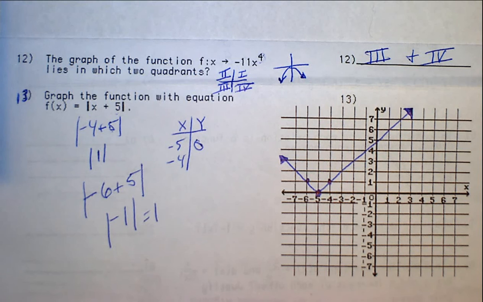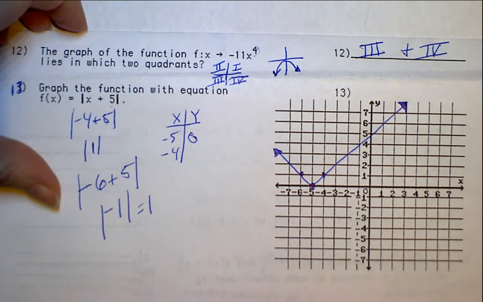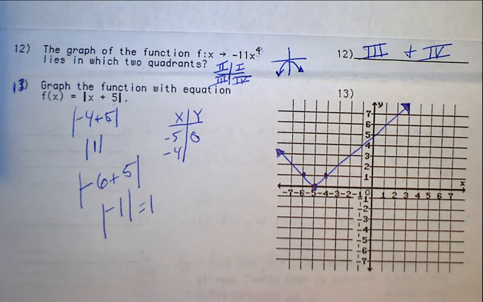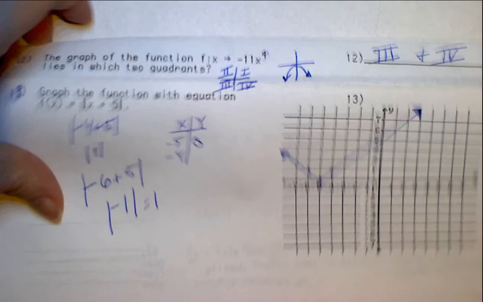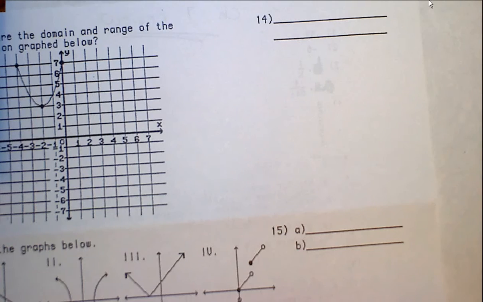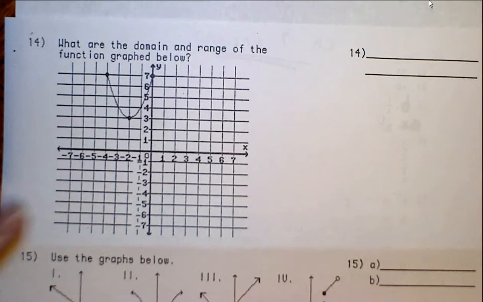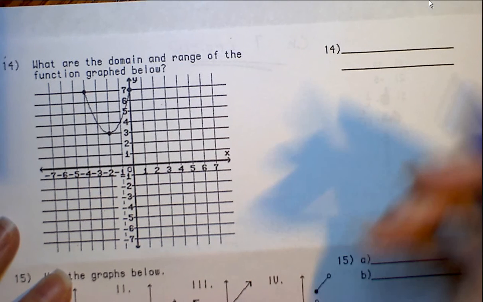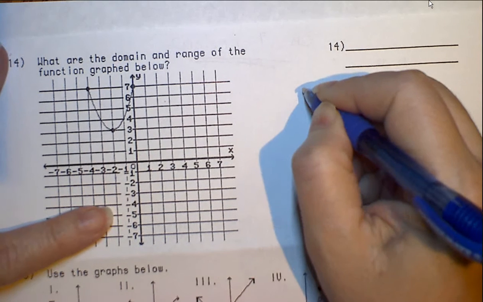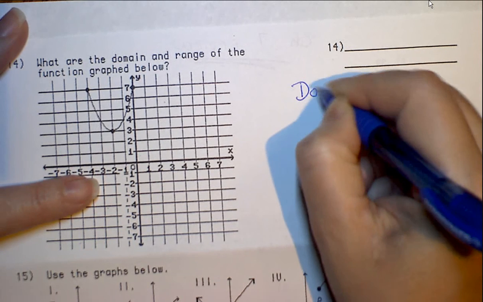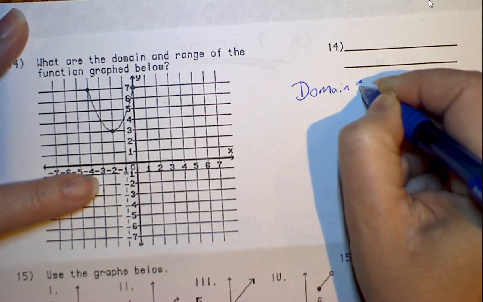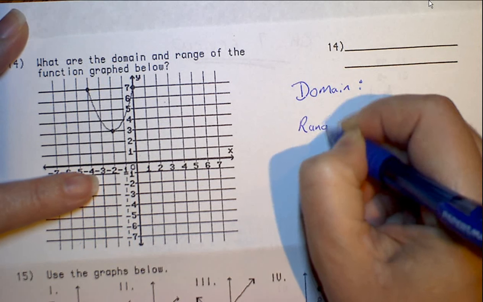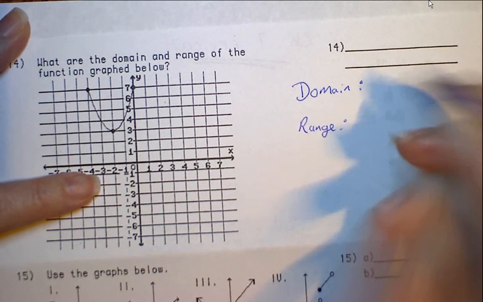14. Let's see, where's 14? Alright, last page. 14. What is the domain and range of this function? What does it mean to be domain?